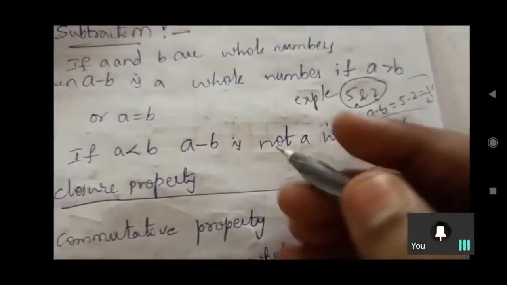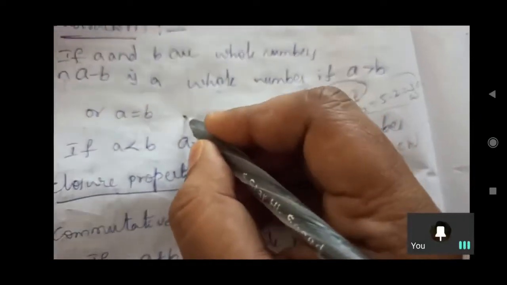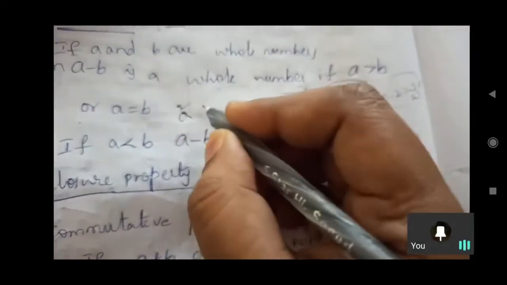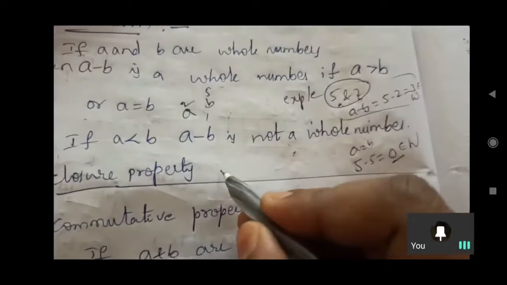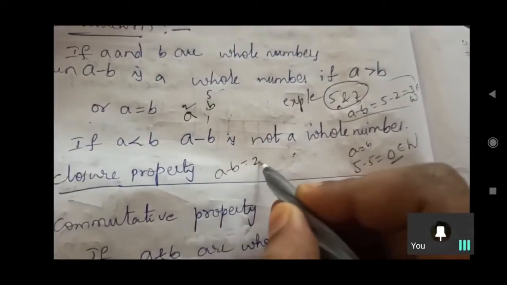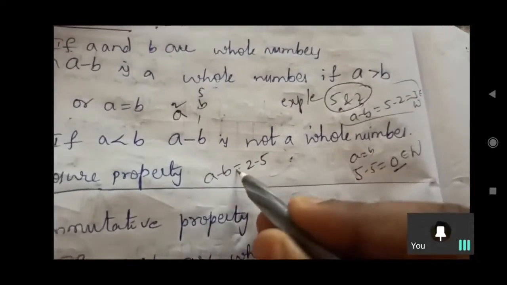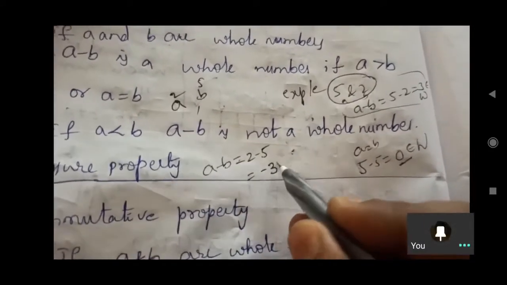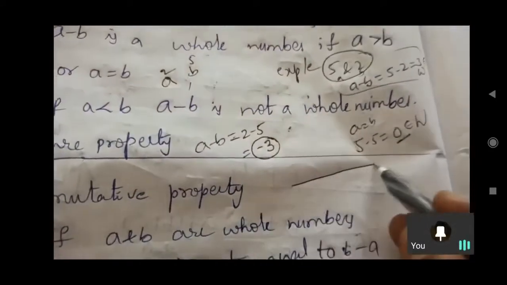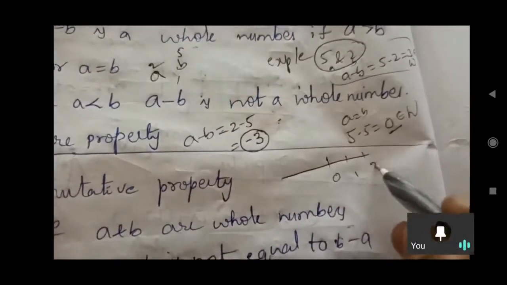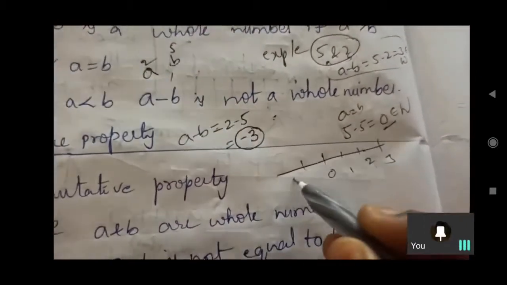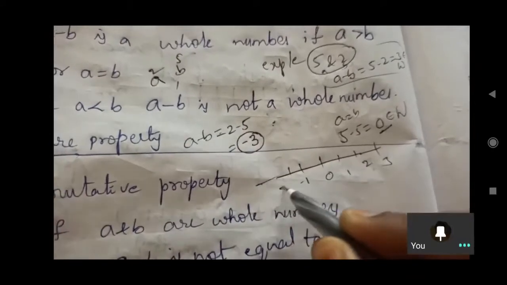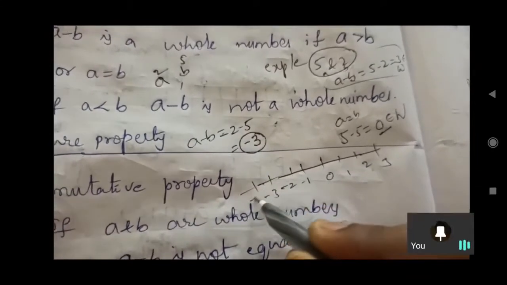And what about 2 and 5? I am taking A as 2 and B as 5. At that time A minus B is equal to 2 minus 5. What is the answer here? 2 minus 5 means minus 3. If we consider the number line, 0 we have, 1, 2, 3, and here minus 1, minus 2, minus 3, minus 4, minus 5.